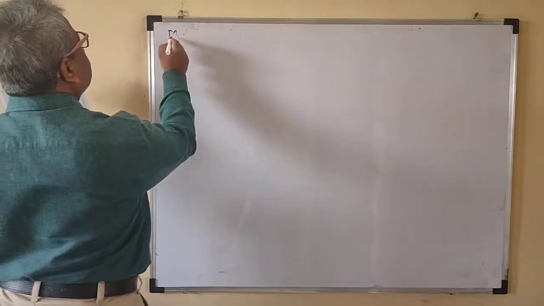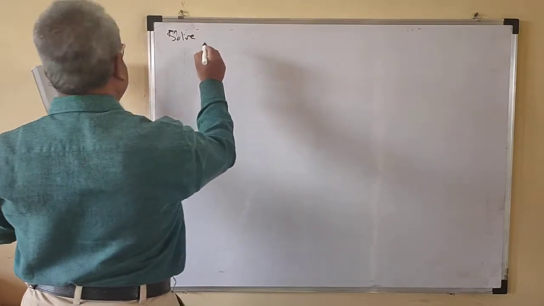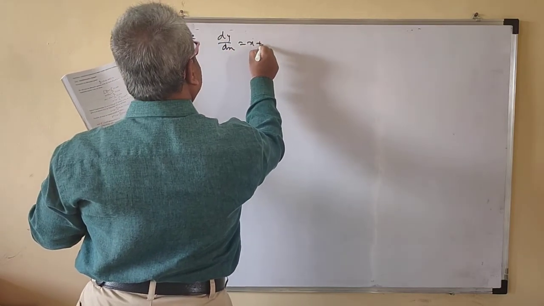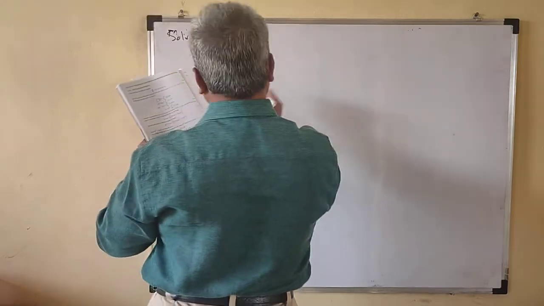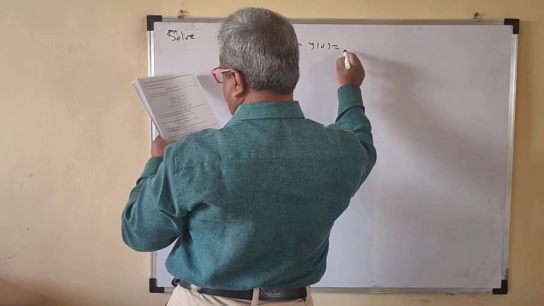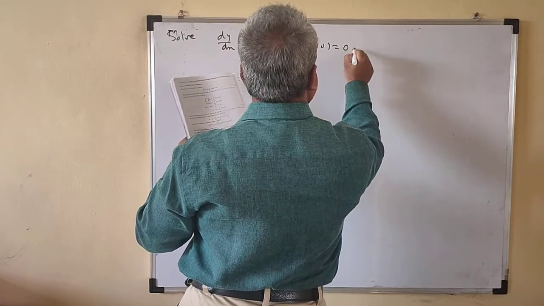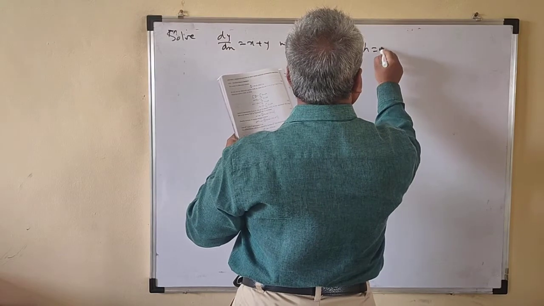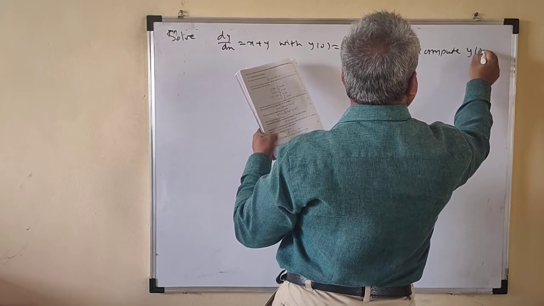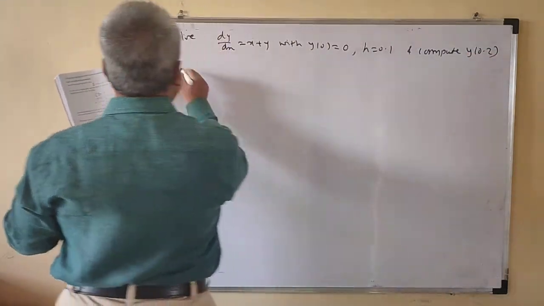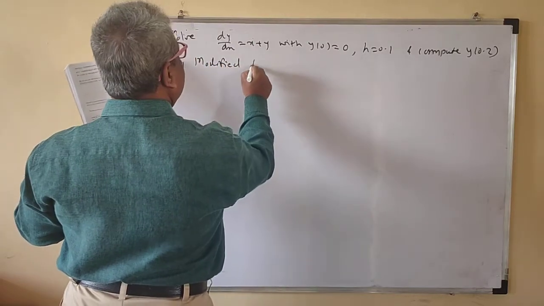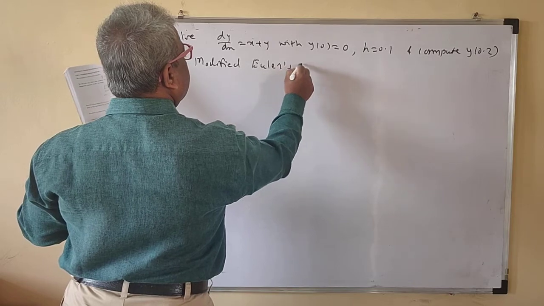Solve dy by dx is equal to x plus y with y of 0 equal to 0, h equal to 0.1, and compute y of 0.2 by modified Euler's method.